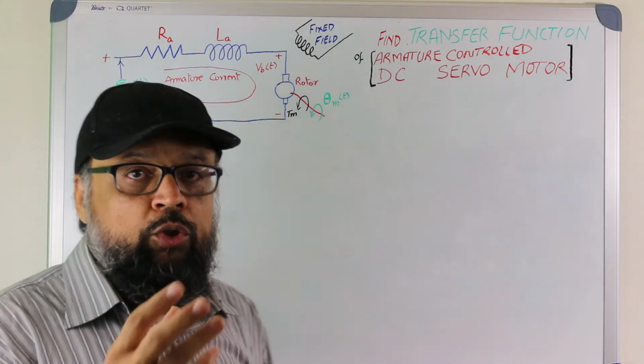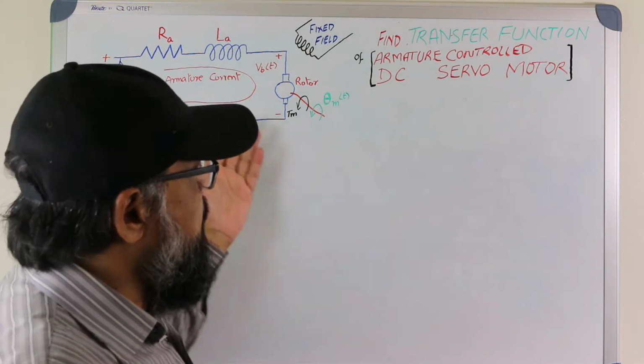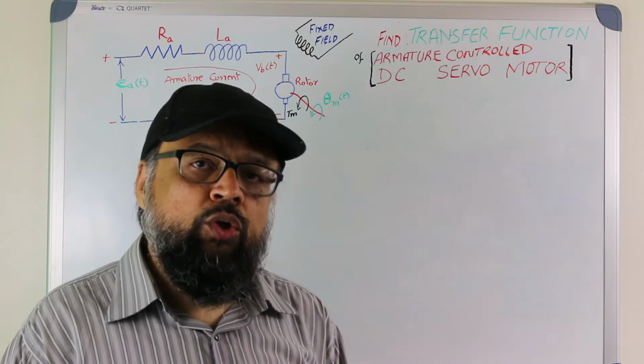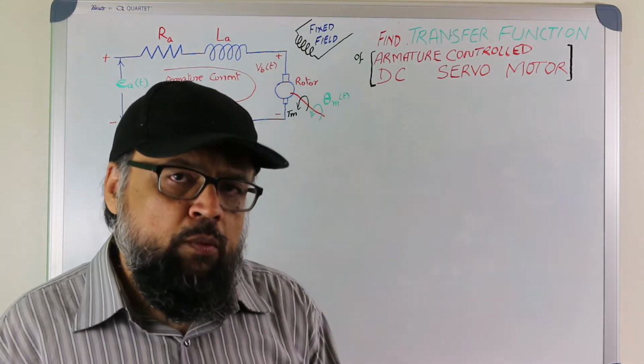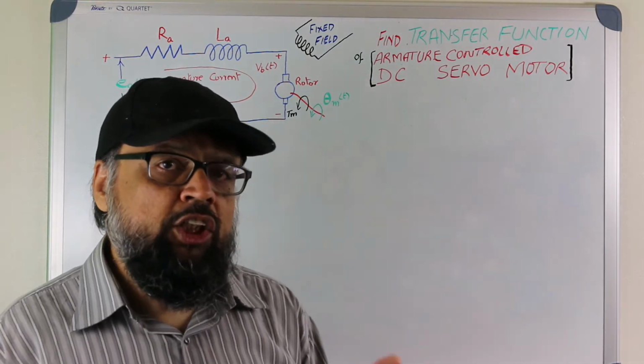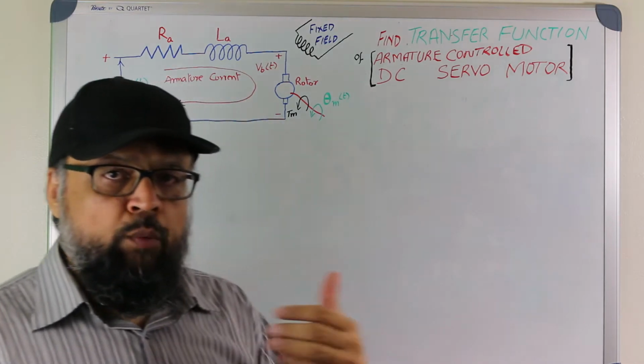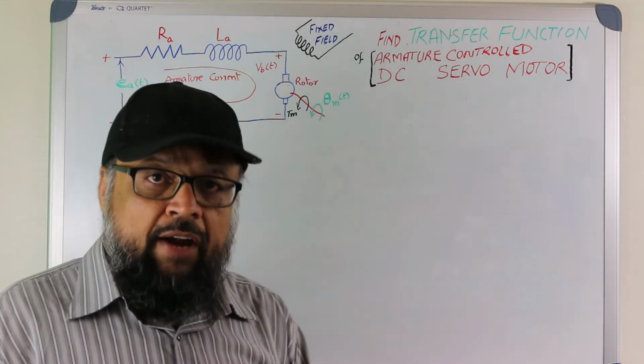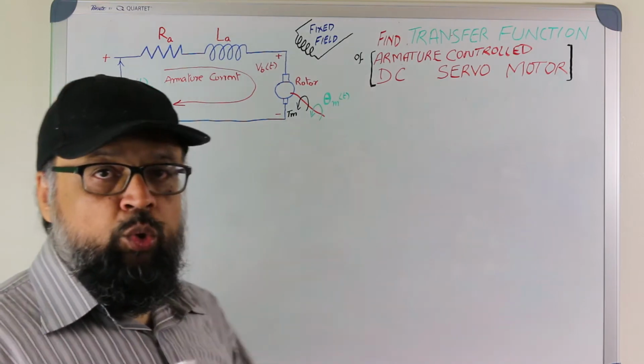So you want to know how to go from time domain to S domain. There are only 2 or 3 formulas which we will be using in this derivation, and I will explain them before we start. But this is what we have to do: we have to move from time domain to S domain.